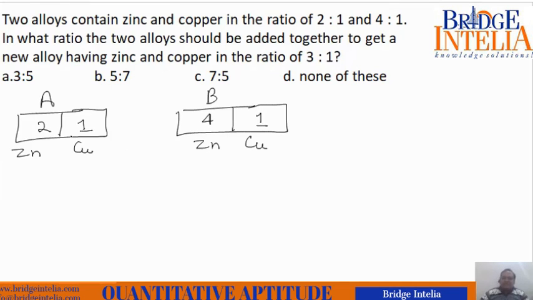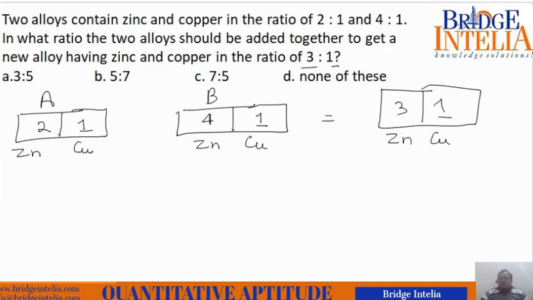Now the question is, in what ratio should you mix them so that the final result contains zinc and copper in the ratio 3:1? You can solve these kinds of questions using the crisscross method of alligation as well.